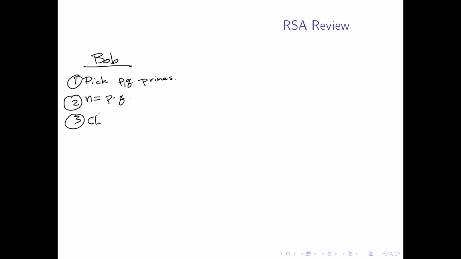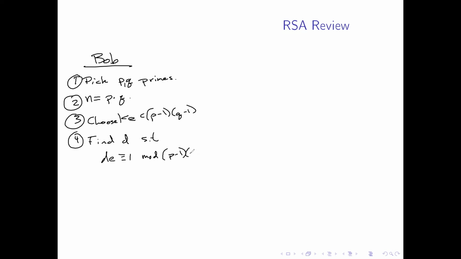Step 3 is we choose some E that's between 1 and, I'd prefer it between, P minus 1 times Q minus 1, because that's just going to be the best way to work it out. And then we find D such that DE is congruent to 1 mod (P minus 1)(Q minus 1).